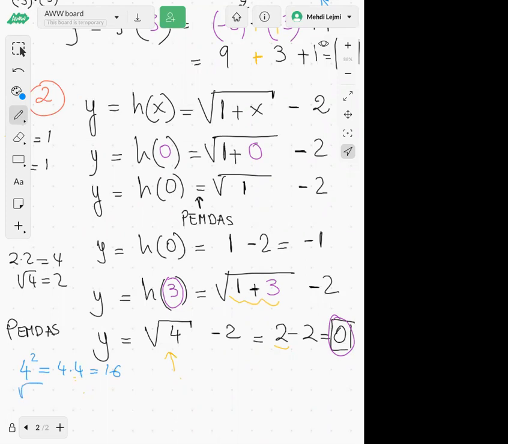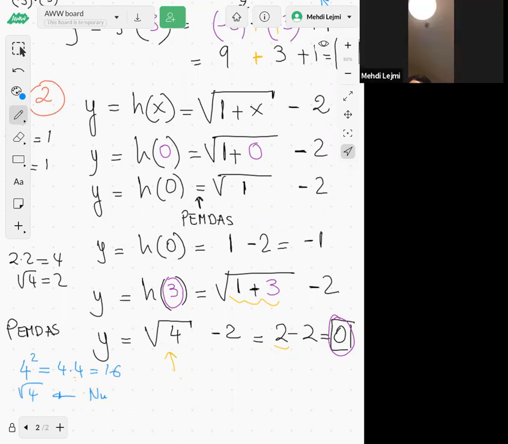Now, the square root of 4 is a number that, when multiplied by itself, is equal to 4. So which number multiplied by itself is 4? That will be 2. So that's 2 times 2. So 2 times 2 is 4, right? That means that the square root of 4 is 2.